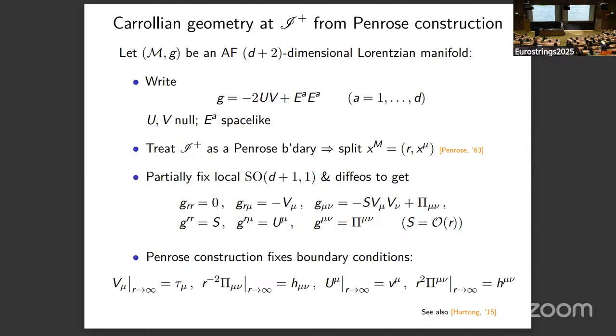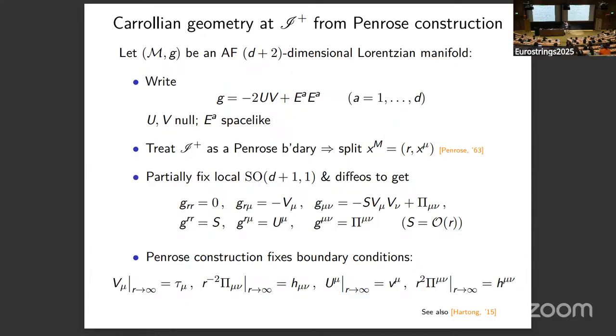And then we treat null infinity, so the boundary here, as a Penrose boundary. There is a very standard construction that Penrose came up with, which essentially involves the introduction of what's called a defining function, which is basically the radial coordinate such that when you take it to infinity, you land on null infinity.